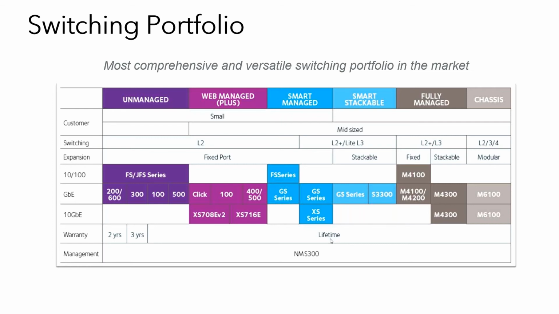And some of these, especially the smart stackables, we can take those switches and stack them like we could on a full-blown layer 3 product. So the fully managed product, the 4300, is really that product set that we've aimed toward the SDVoE and the AV over IP industry.